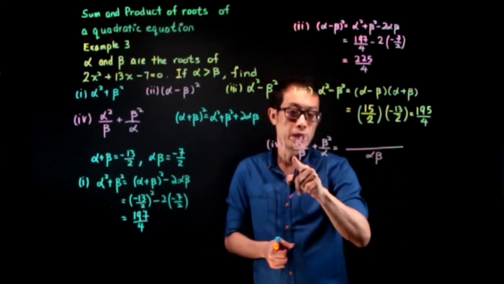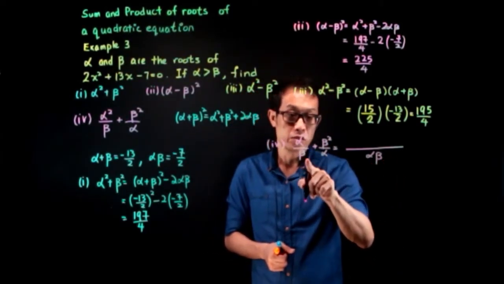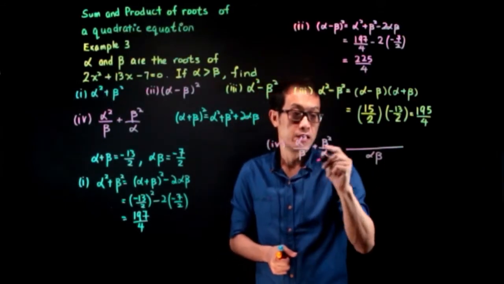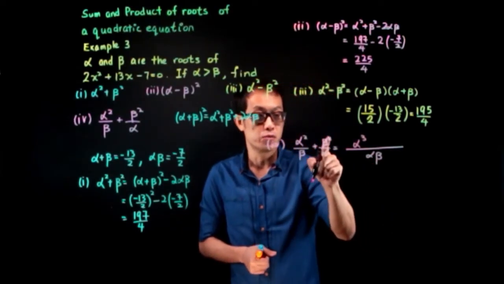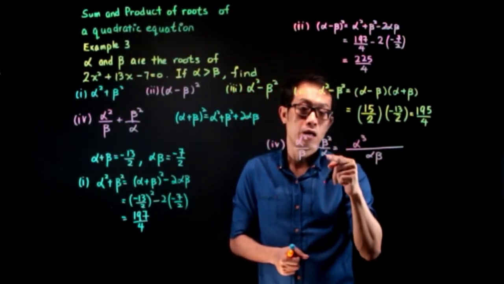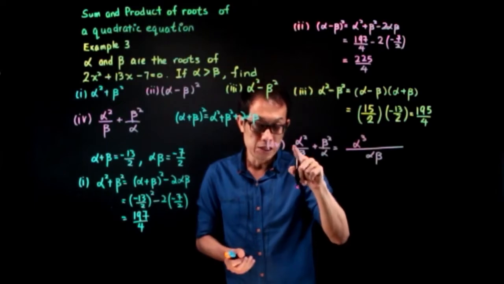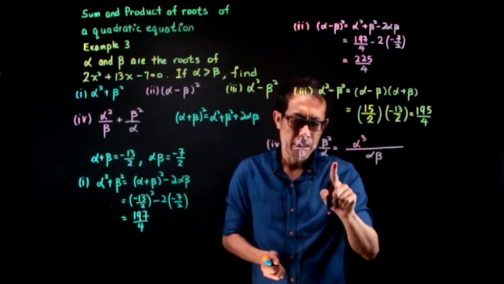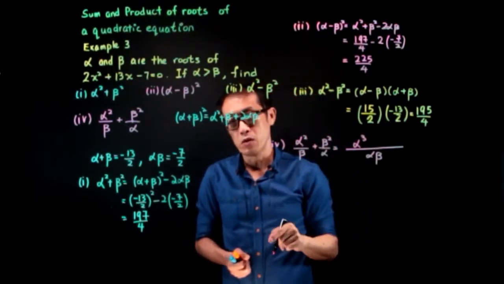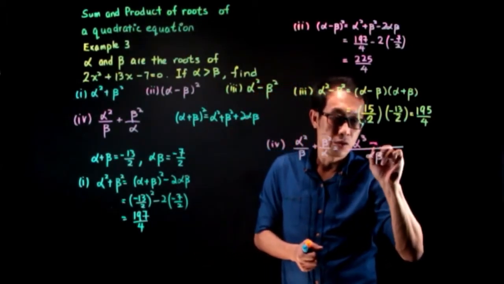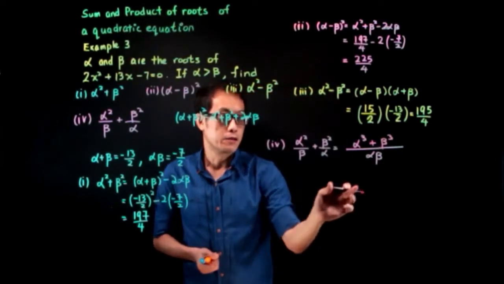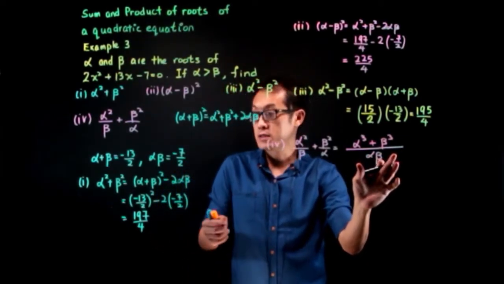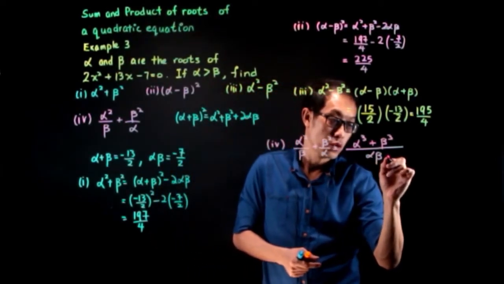So you multiply alpha over here because it doesn't have alpha, so you got alpha cubed. And this one doesn't have beta, so you must multiply the denominator by beta and the numerator also by beta, so you got beta cubed. Now this one, alpha beta, has the value minus 7 over 2.